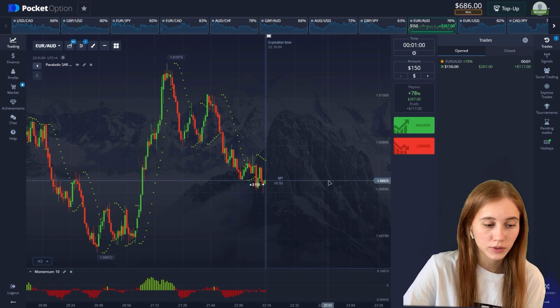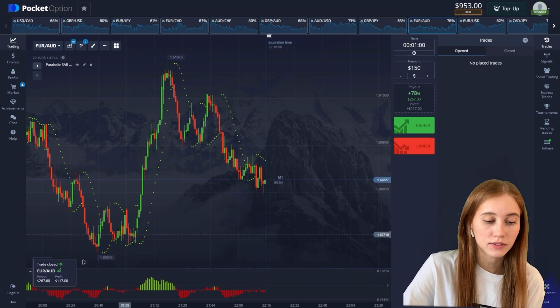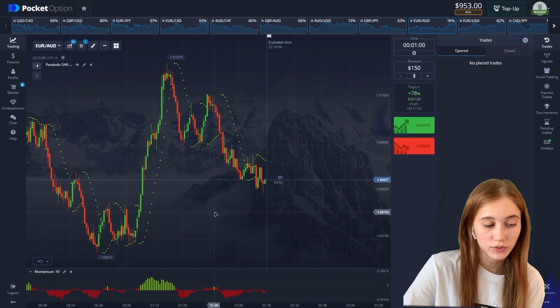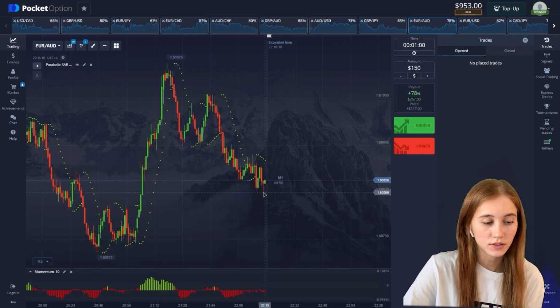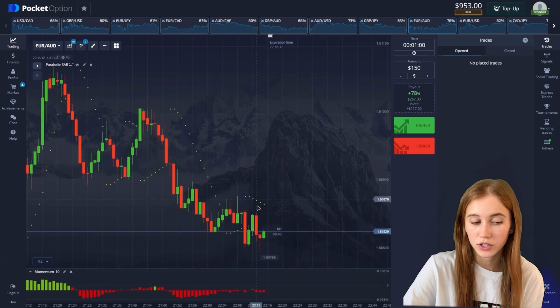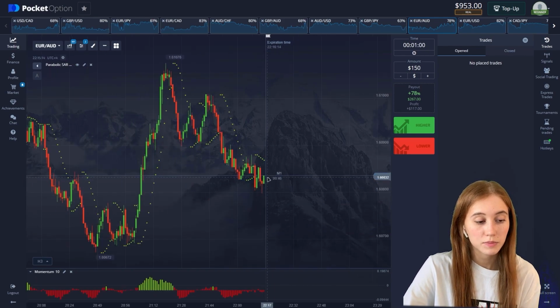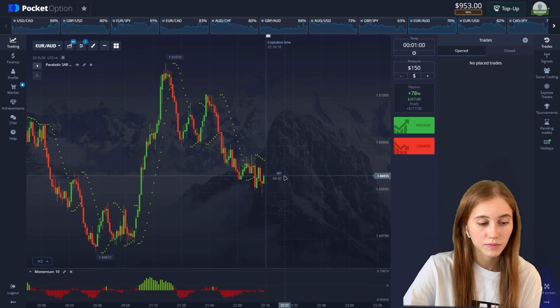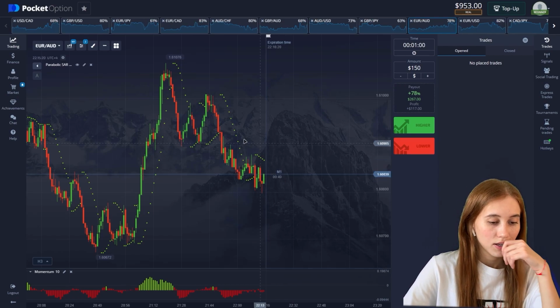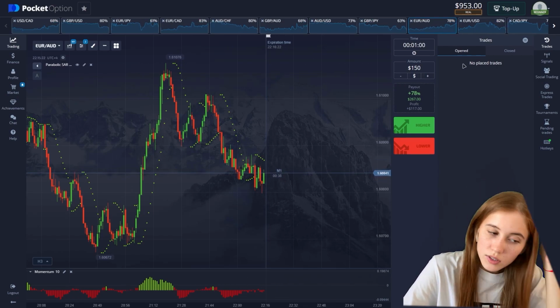Let's look. Plus deal, $117 profit. We also see that the previous candle has a large shadow. Perhaps there will be a change in trend soon. Let's move on to the next concept.